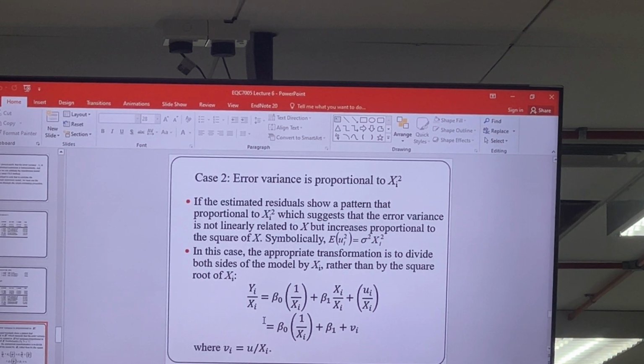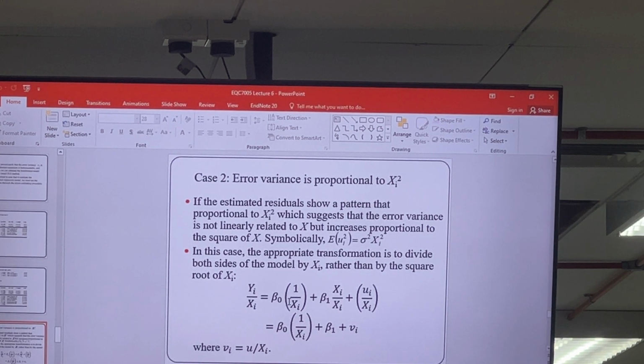So originally we have the dependent variable y divided by x, and then the original intercept now becomes 1 divided by xi, and then this x over x just becomes 1, so it's just like we have a new constant here. It's like we transform this to be a new intercept.